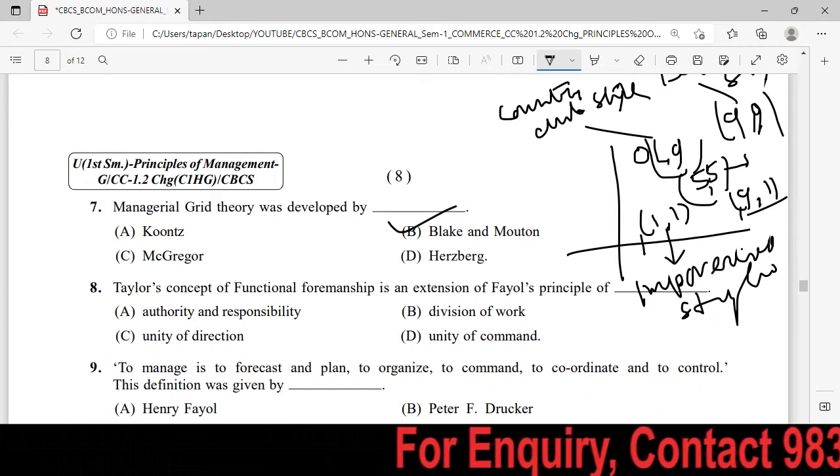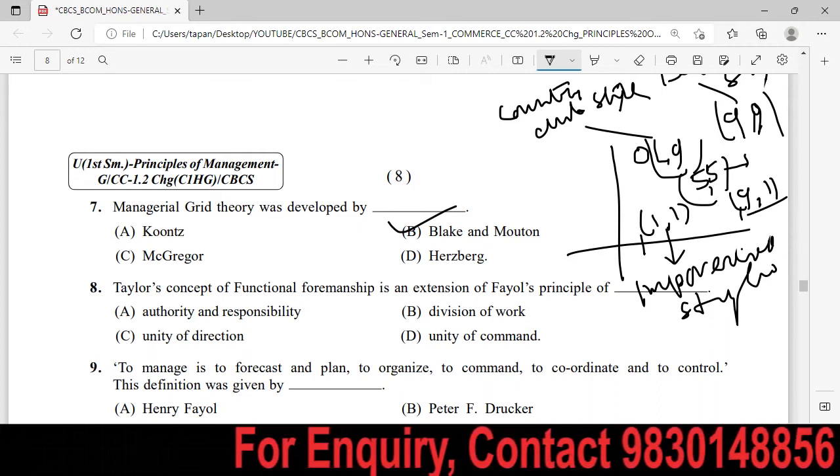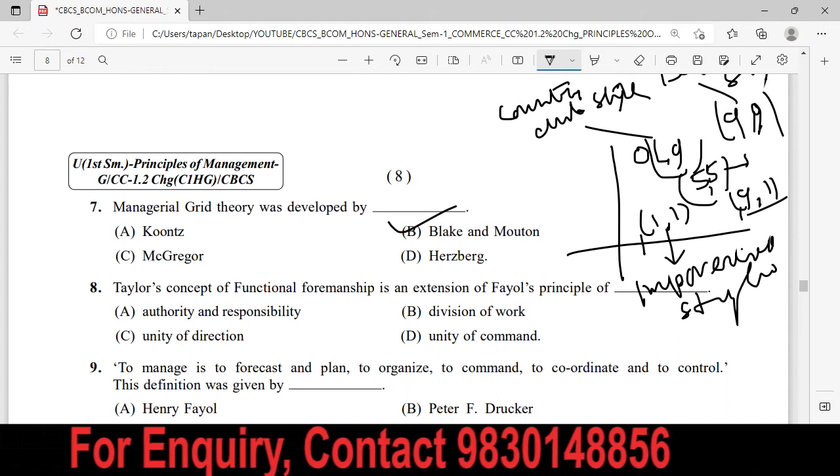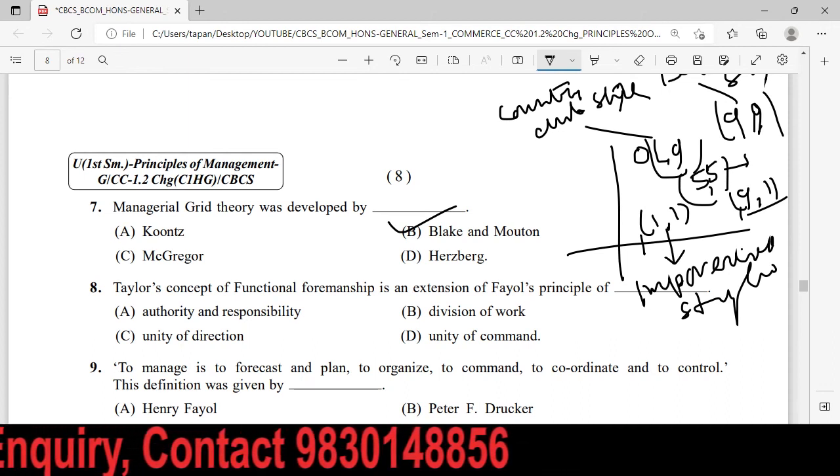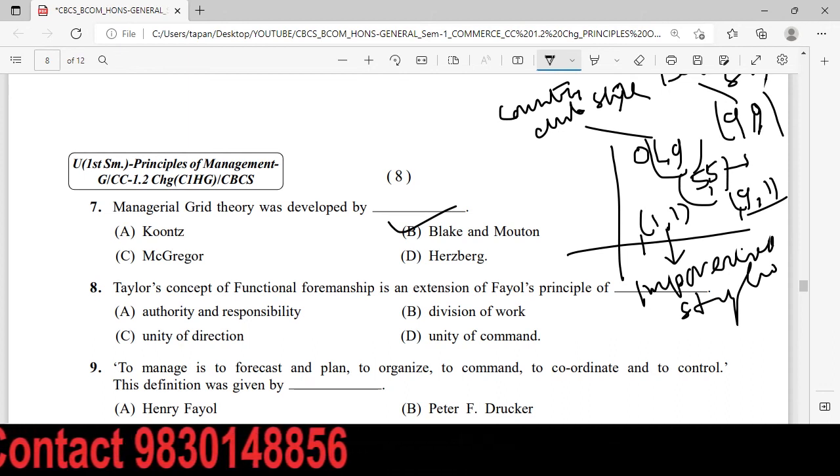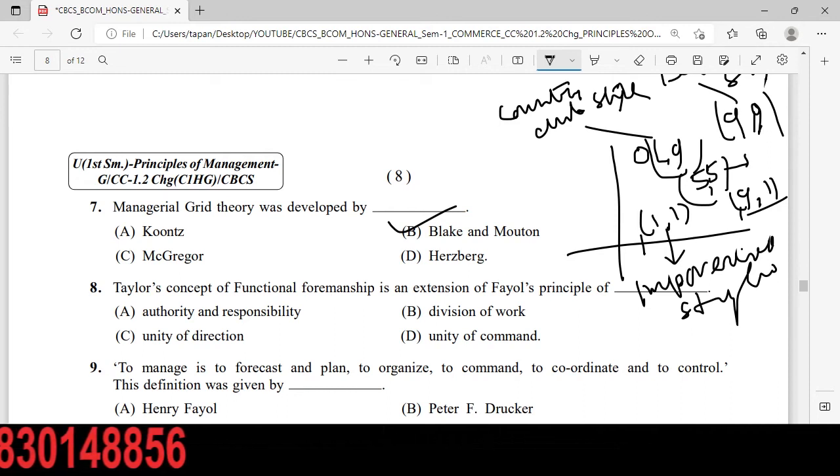Therefore 5 points are there, and their names are quite different from one another, you have to remember it. This is managerial grid theory, developed by Black and Mouton.